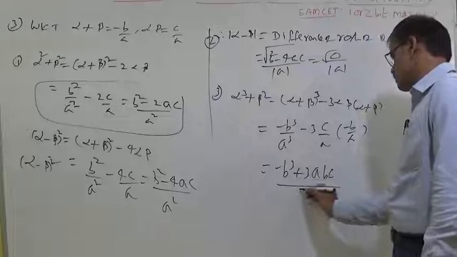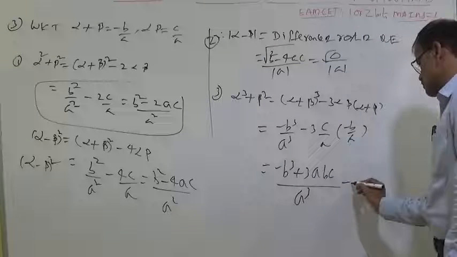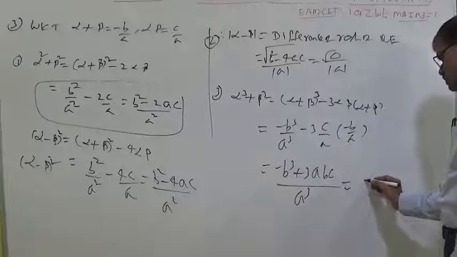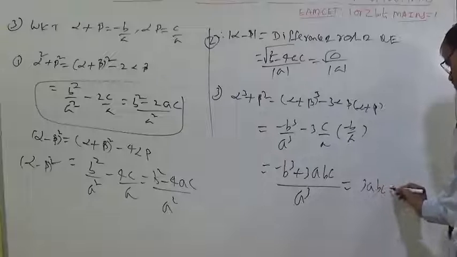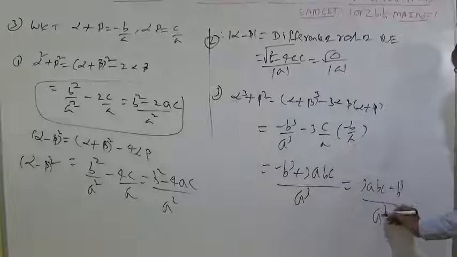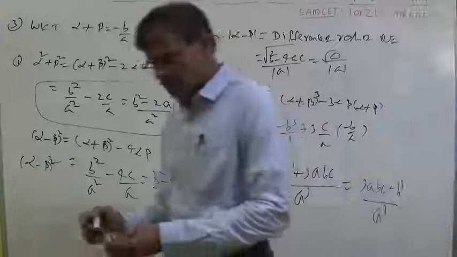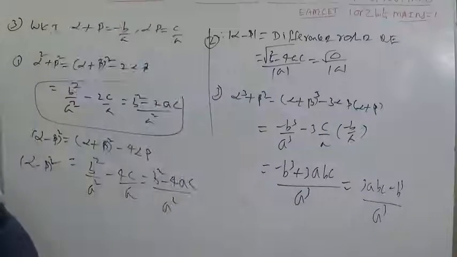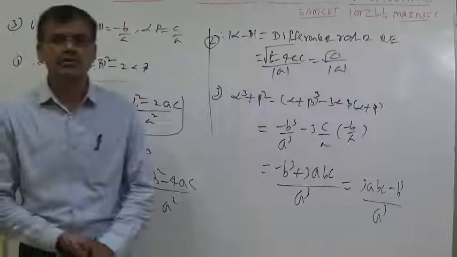So alpha cube plus beta cube is (3abc minus b cube) by a cube, which will be useful in objective also.